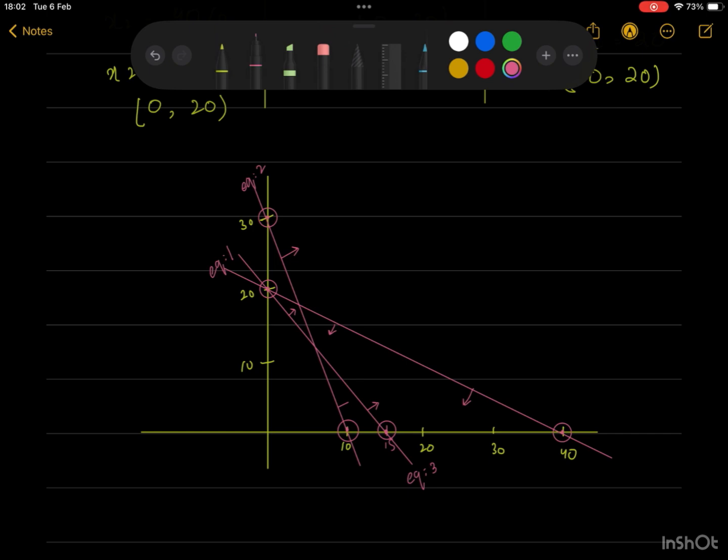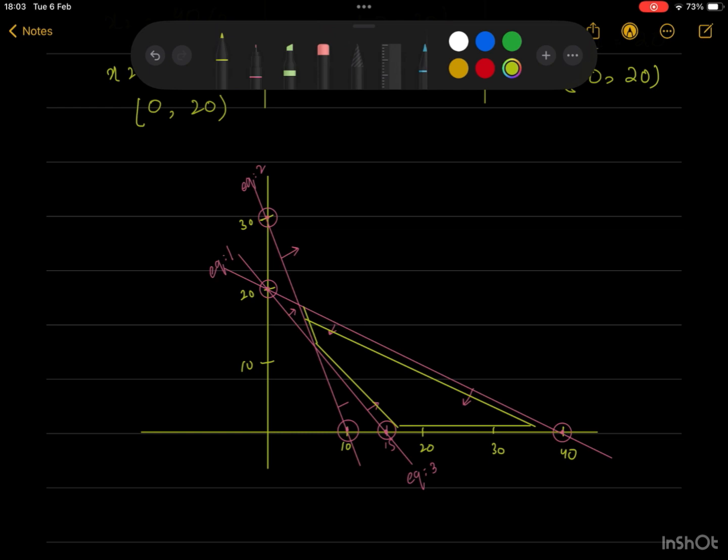So now from this point, we can clearly see our feasible region. We studied the graph carefully and our feasible region is found to be these yellow lines, the inner common part.